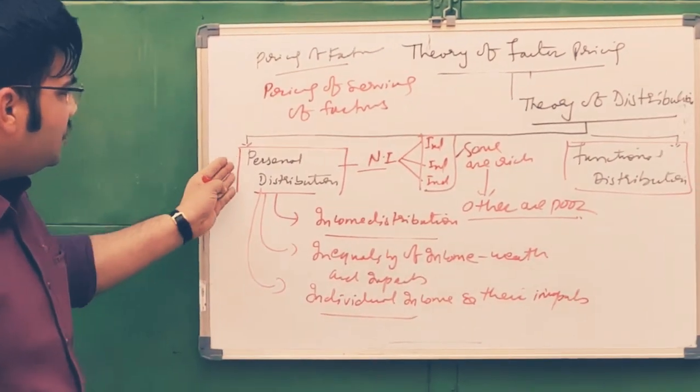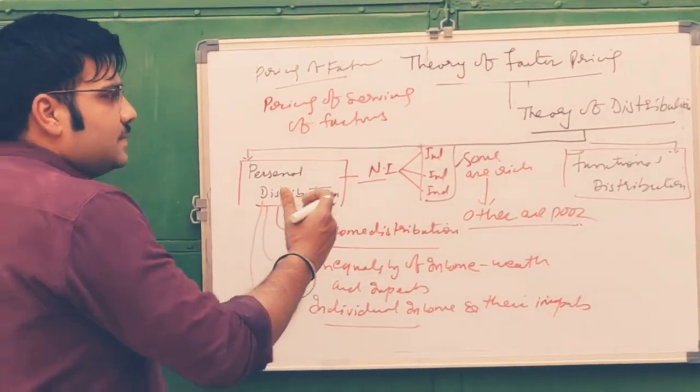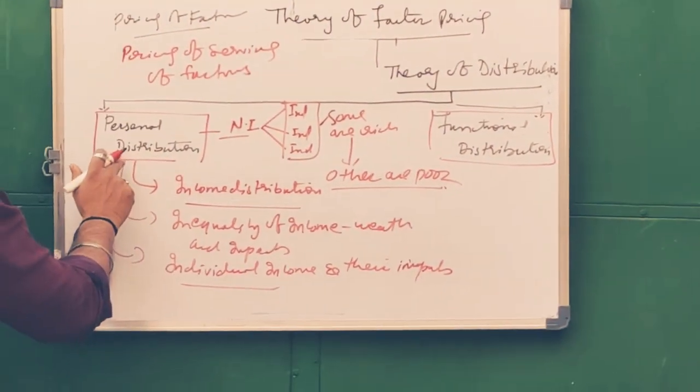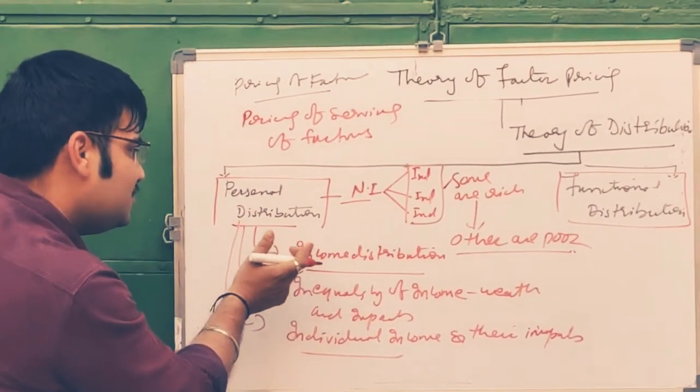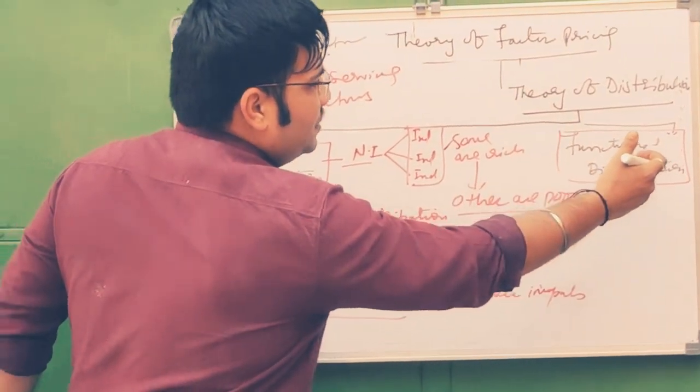Personal distribution is a broader concept, whereas functional distribution is a part of it, and personal distribution partially depends upon functional distribution.